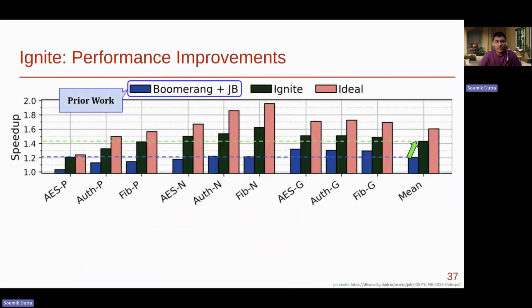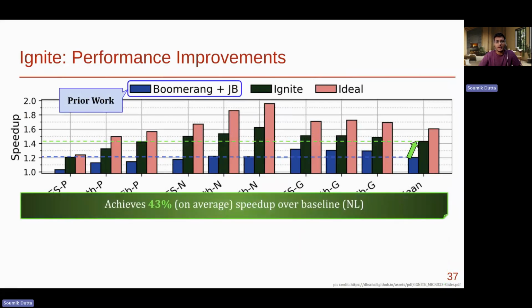Let's see the improvement achieved by this approach. From the graph, for different workloads, they have compared the prior work speedup with Ignite and the ideal case speedup. Ignite has achieved a 43% average speedup over the next-line prefetcher. We can also see it has significantly more speedup than the state-of-the-art prefetcher.